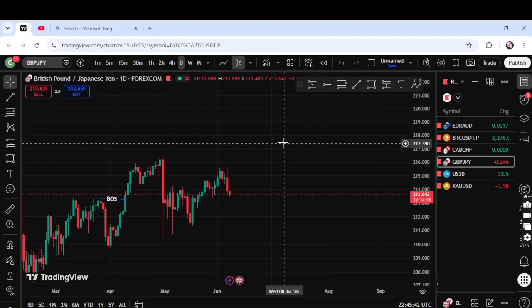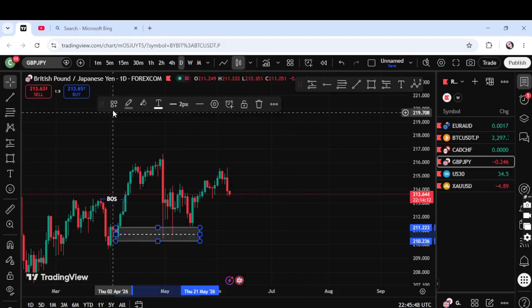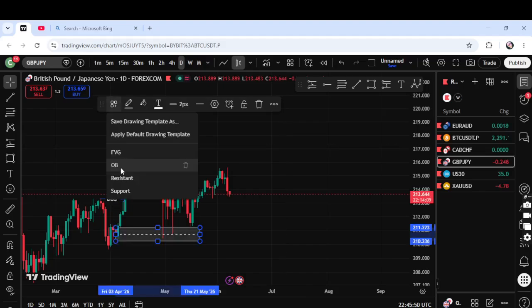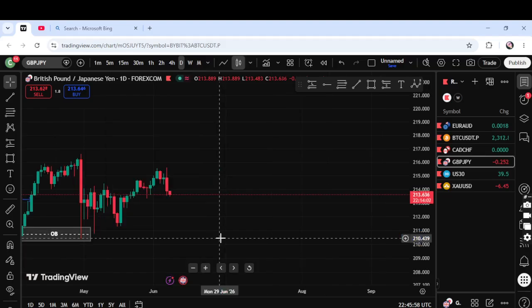Support here, or other block here. We have a break of structure here. We have a break of structure here.